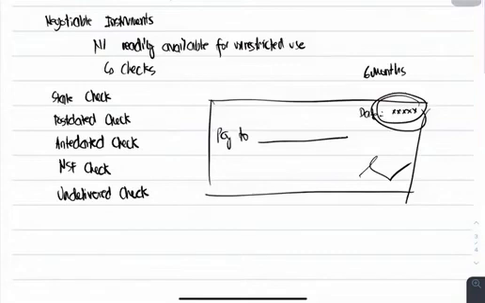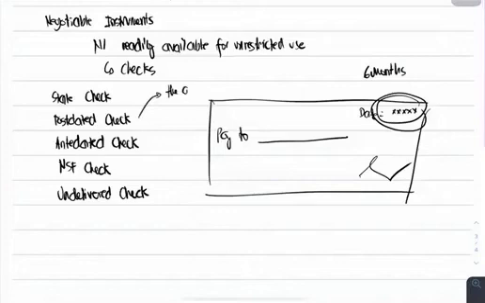Next, we have your postdated check. What is a postdated check? A postdated check is a check in which the date of issue does not coincide with the date of the check. The date of the check is dated at a later date.